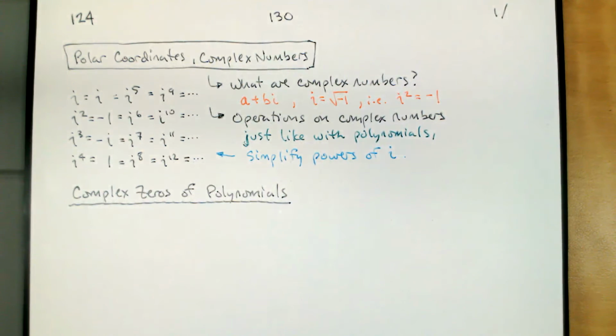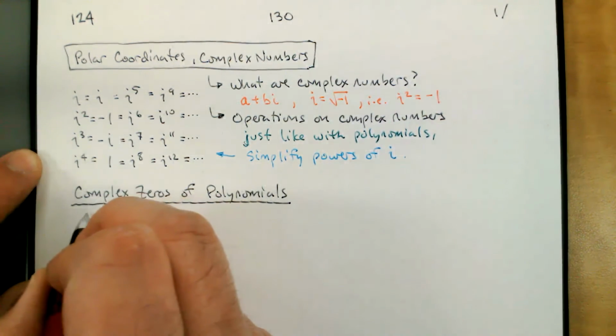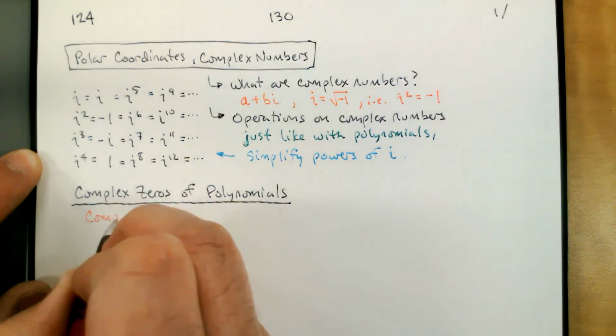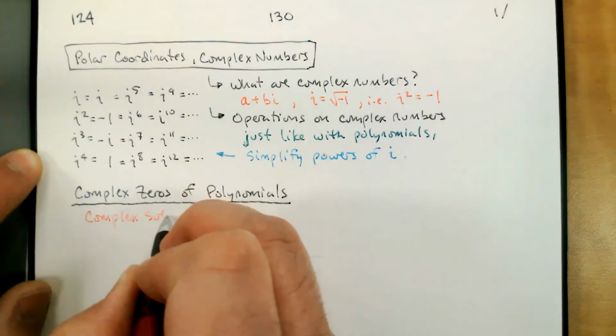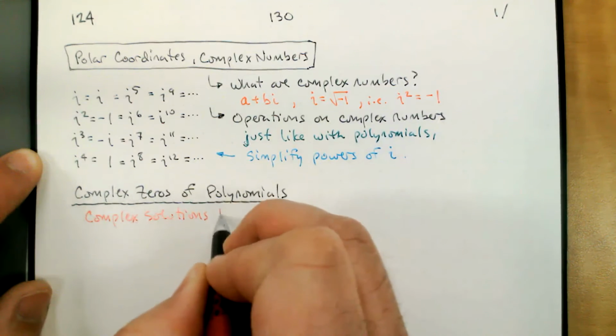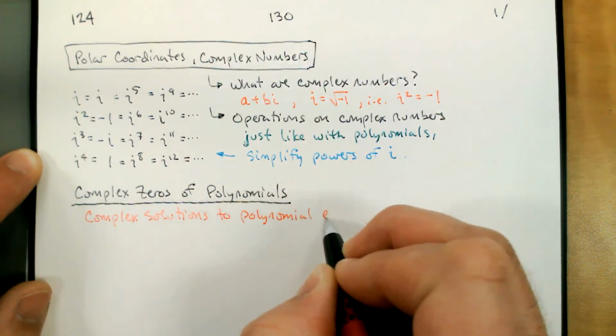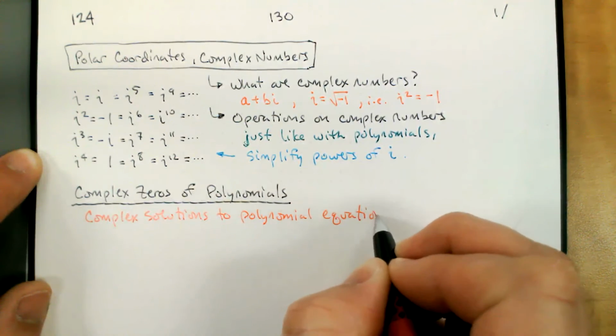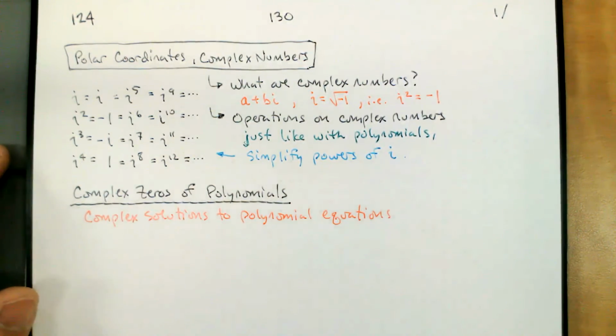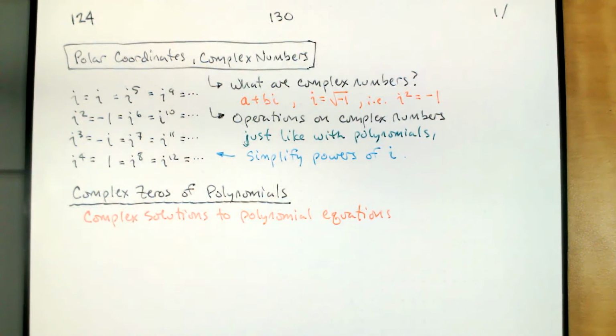We also might have this in the context of complex solutions to polynomial equations. We can also talk about complex solutions to polynomial equations. Zeros of polynomials are just solutions to polynomial equations.